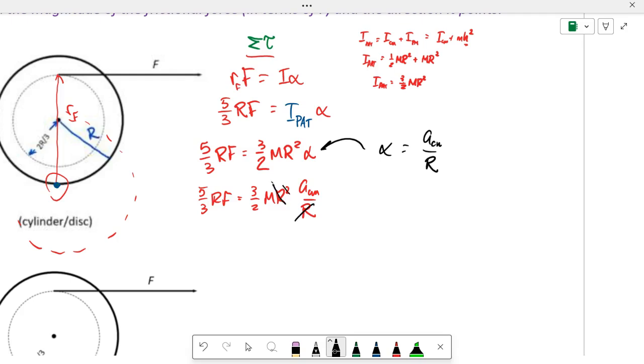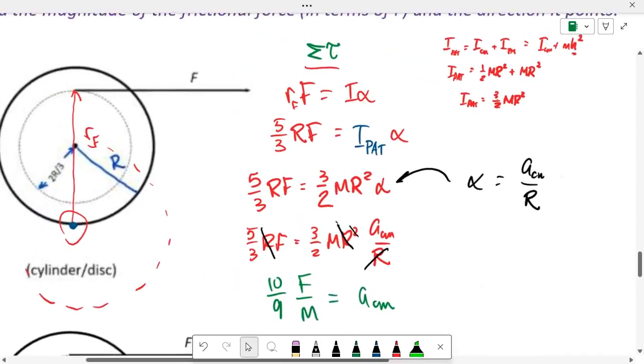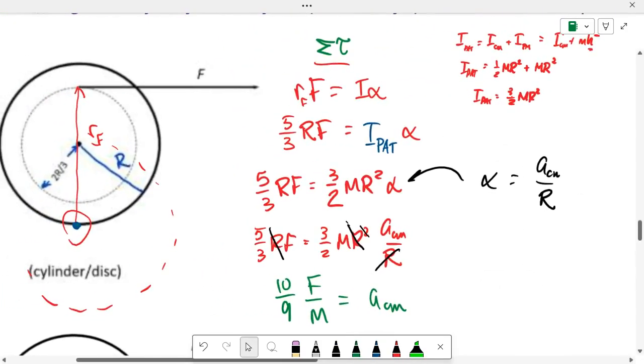The R's cancel, and this looks like 10/9 F over M is ACM. ACM is 10/9 F over M.